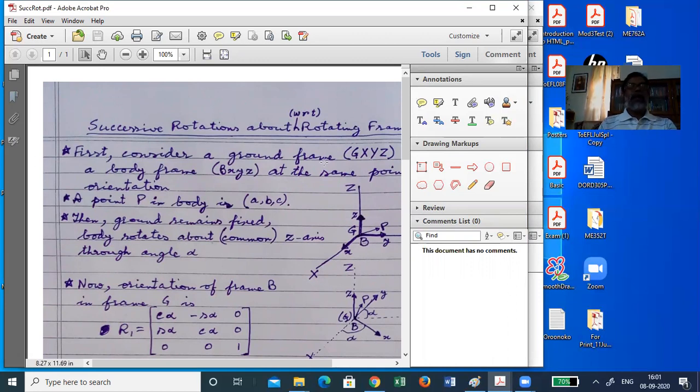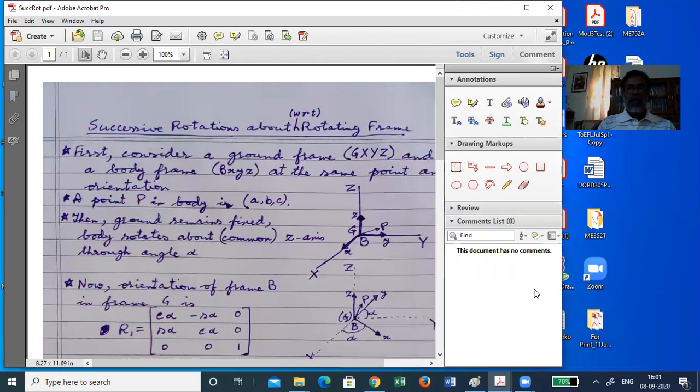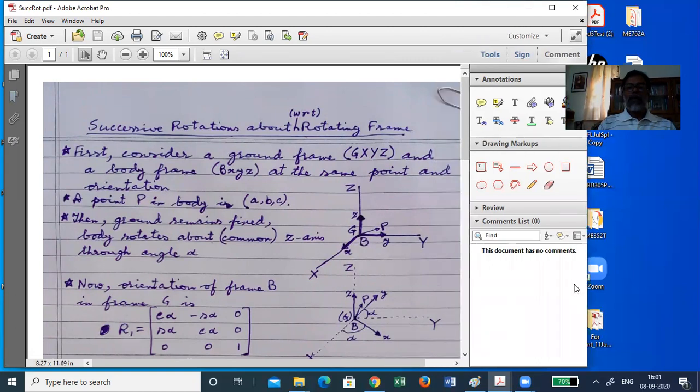So first, consider a ground frame G, capital X, capital Y, capital Z, and a body frame which is going to rotate, B, small x, y, z, like this.